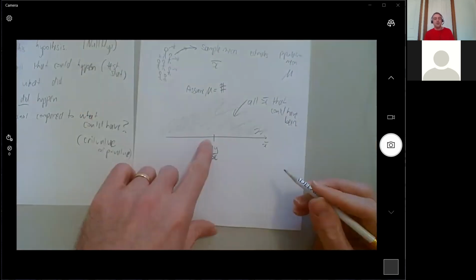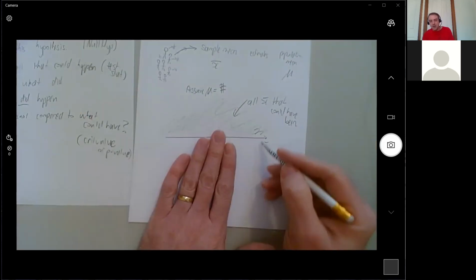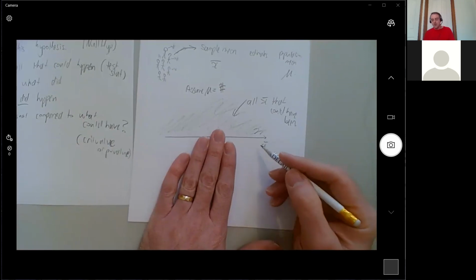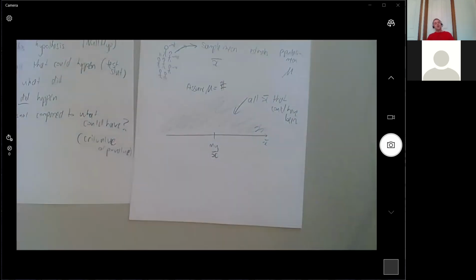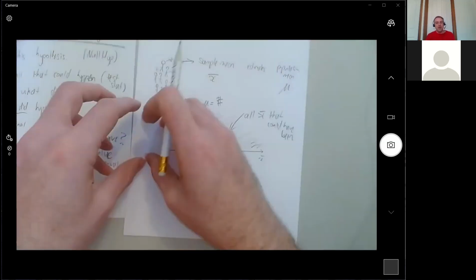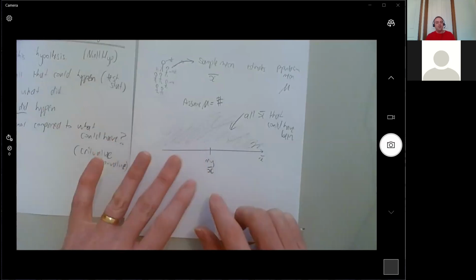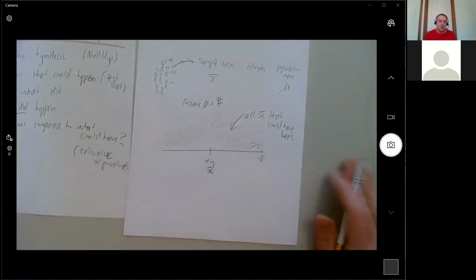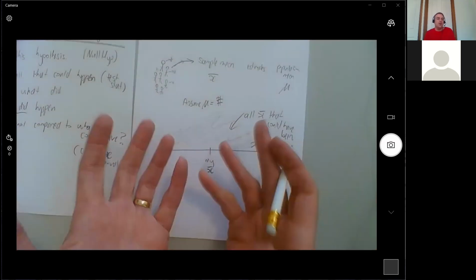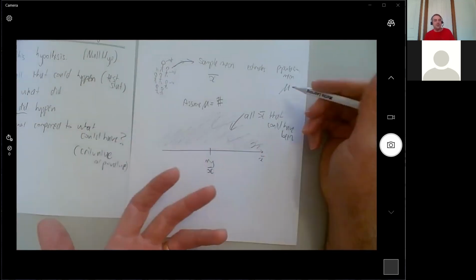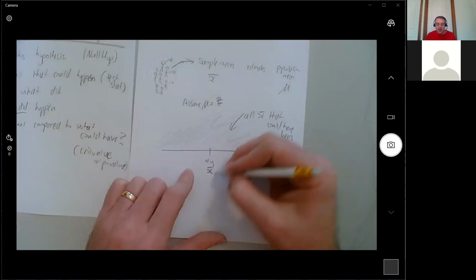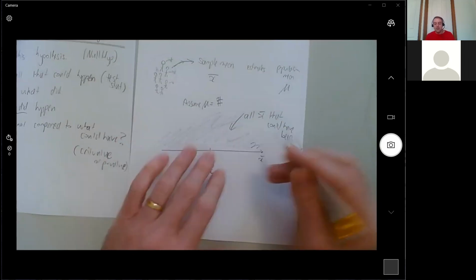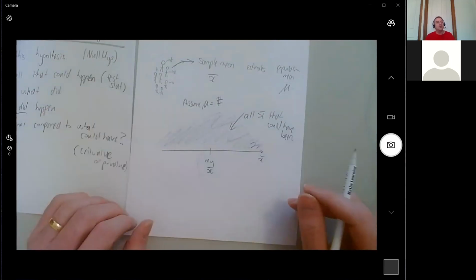If yours ends up over here, you go, oh, it's pretty unlikely, it's pretty far from the middle. Or if it's right in the center, that's pretty reasonable. Different choices of mu would make your observed one feel more or less unusual, and the ones where it doesn't feel unusual are the ones that you believe. And the p-value is the probability of getting an X bar further out to the edge than yours.